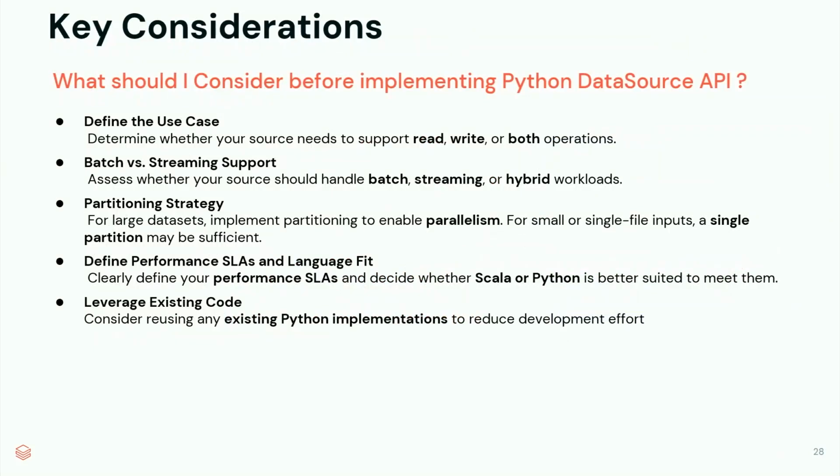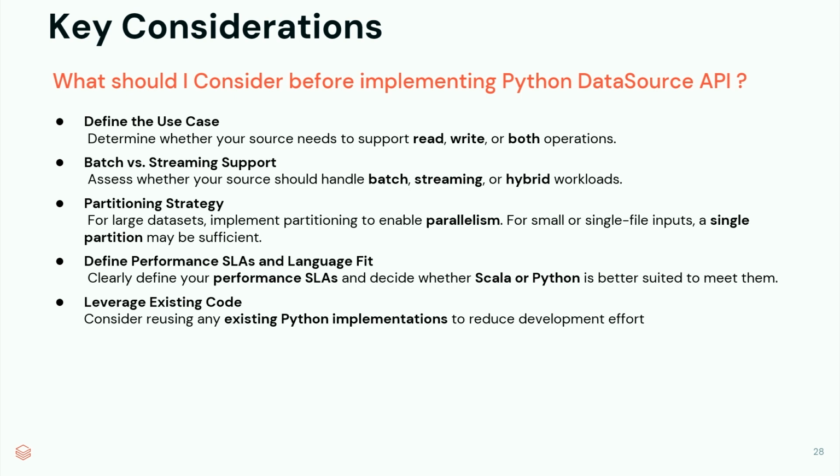Which brings me to this slide. What are some high-level considerations that I should have while building this API? We need to define the use case, as we discussed, whether we are reading from it or writing using this API. Are we doing batch processing, stream processing, or both? Based on that, we have to implement the respective methods. We also have to decide the partition strategy, how to partition and when to partition. For example, for most batch use cases, partitioning makes sense.